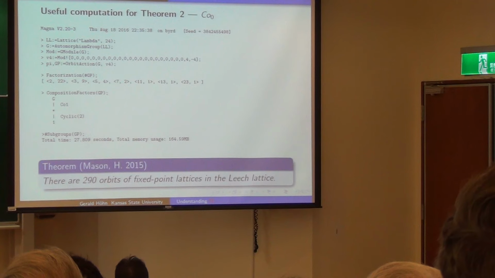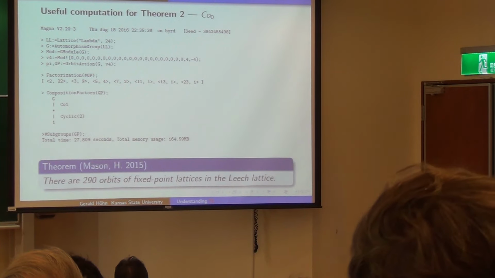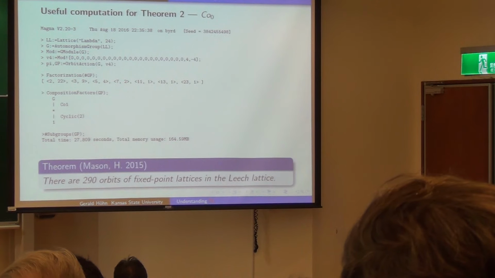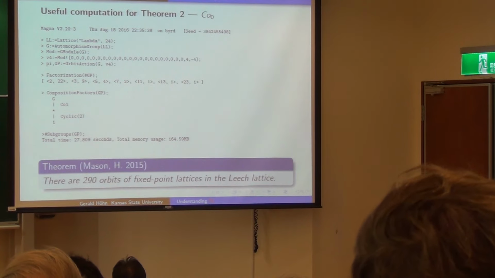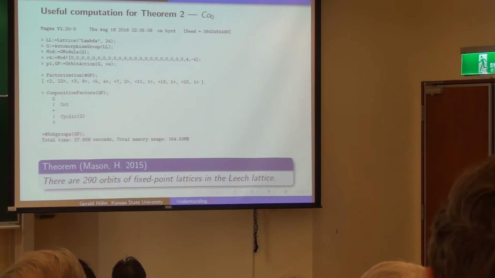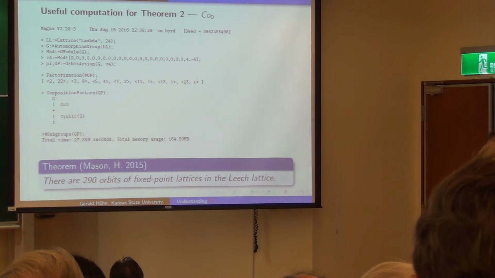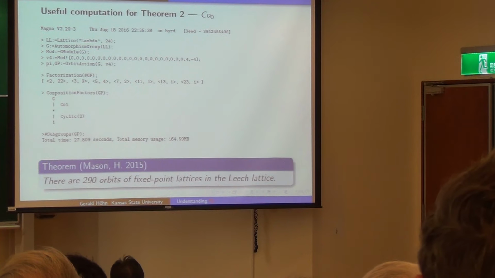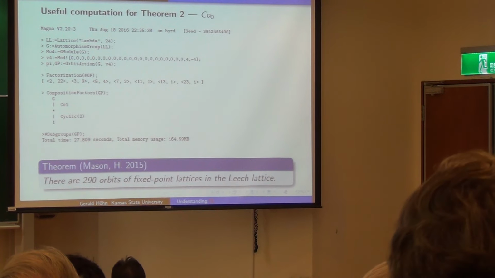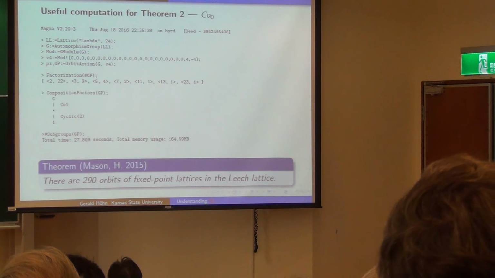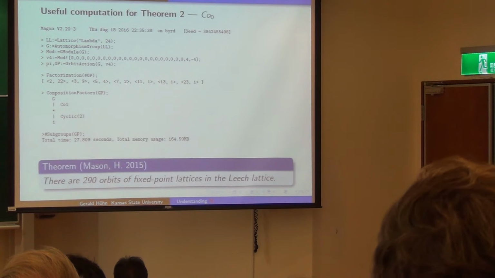Now it's hard to compute with the 24 by 24 matrices because matrix multiplication still needs a lot of time, but it's better to look at the permutation action on the minimal vectors of the Leech lattice, and then you get a permutation action on less than 200,000 elements, and then Magma relatively quickly gives you the order, and it can also determine the composition factors, but if you try to do all the subgroups, then it will time out. No, especially the problem is the memory.